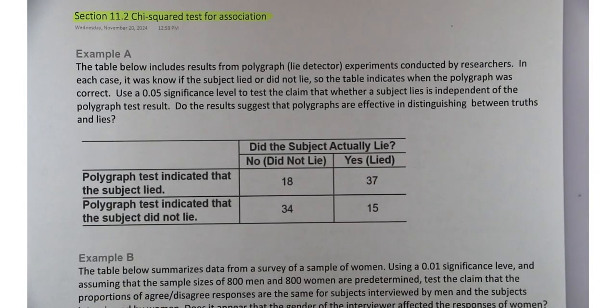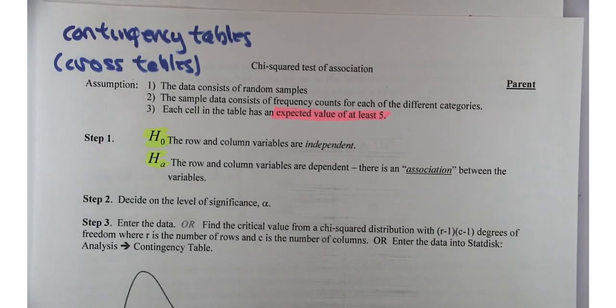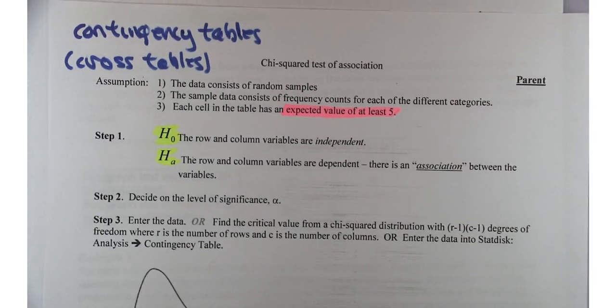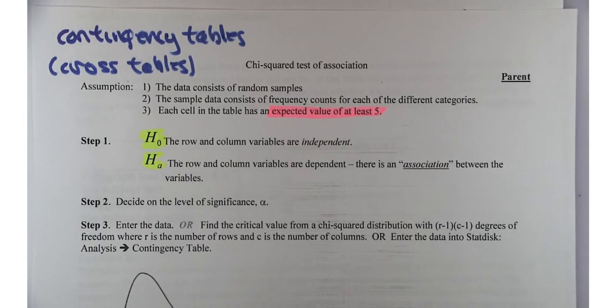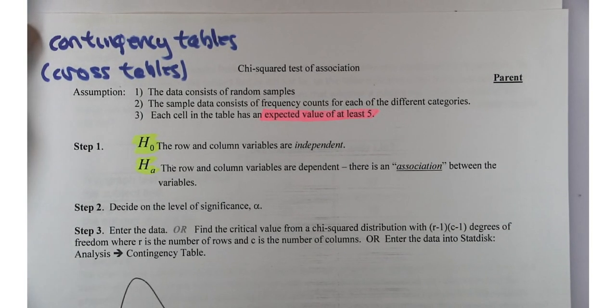Those two variables are part of what's called a contingency table. I haven't given you this handout. It is available online, but parts of it are on the back of one of your handouts, I think. You'll hear this kind of analysis applied to contingency tables or cross tables.